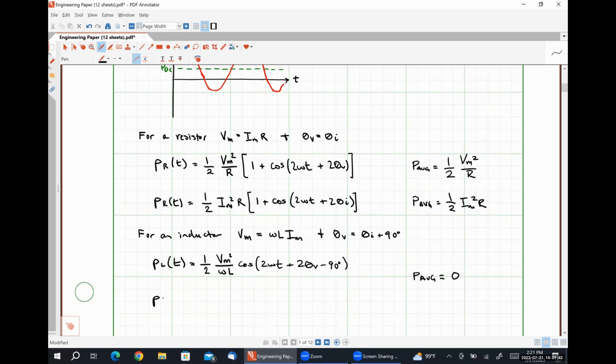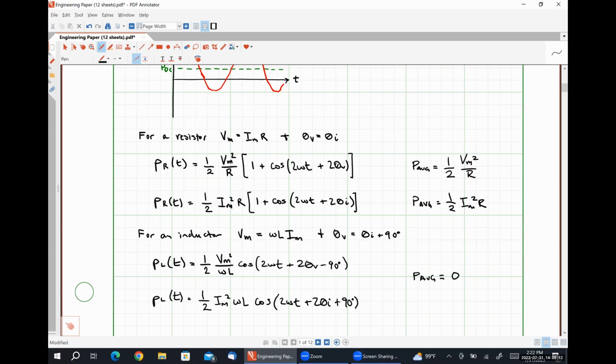In terms of current, we're going to have 1/2 Im squared omega L cosine twice omega t plus twice theta I plus 90 degrees. Shouldn't that on the top one be 2 theta V plus 90?